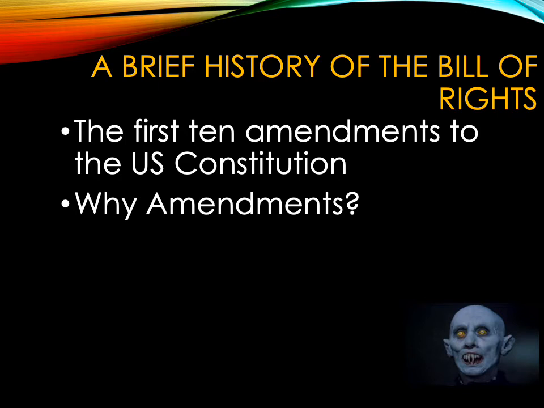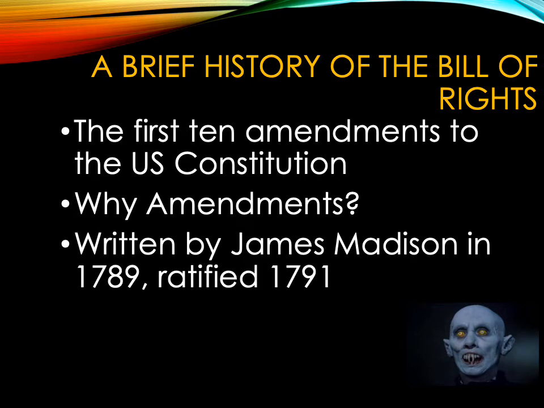So they refused to ratify the Constitution, or at least enough states did; we needed three-fourths of the states to ratify. Enough states said, we're not going to ratify this without a Bill of Rights, that an agreement was made that a Bill of Rights would be added. There was an unwritten agreement that if you ratify the Constitution, the Bill of Rights will be one of the first acts that this newly created national government would take. And indeed, it was one of the first acts.